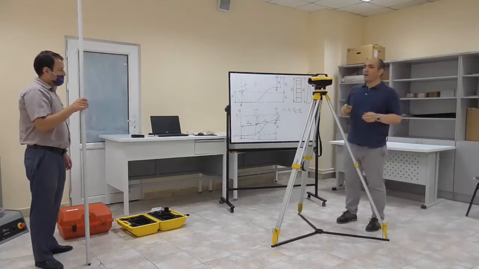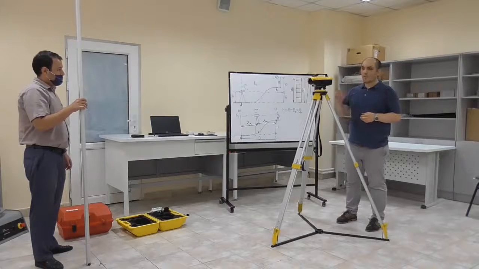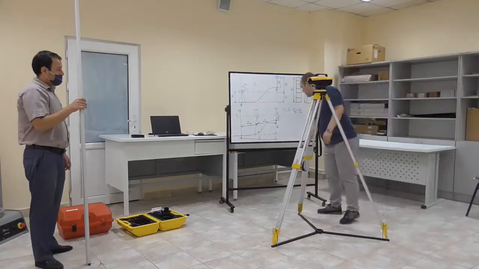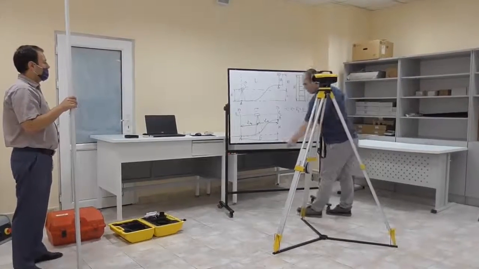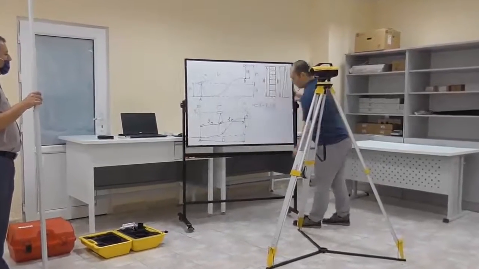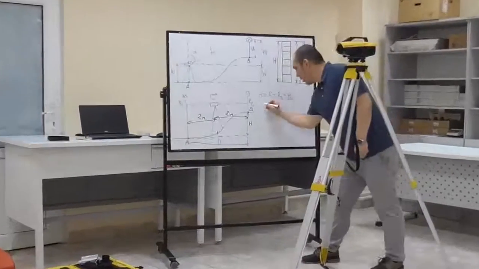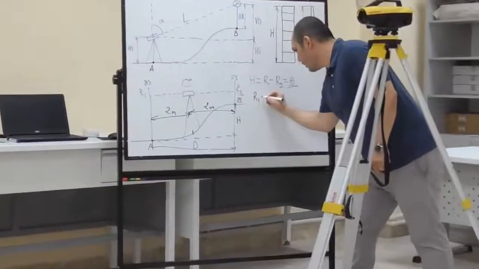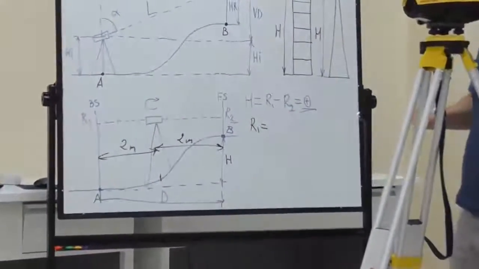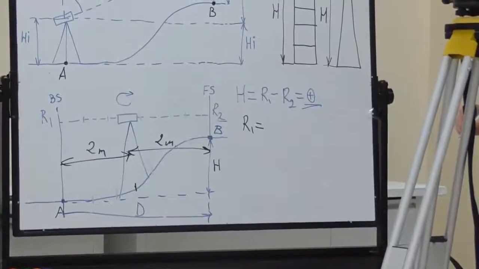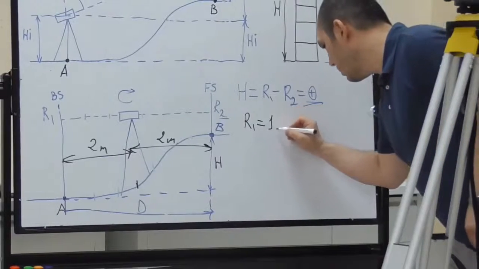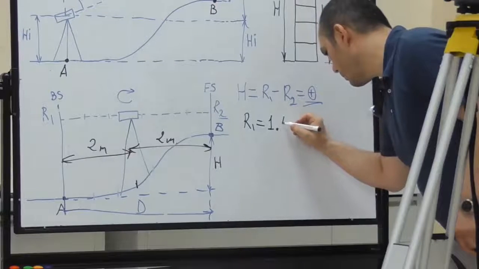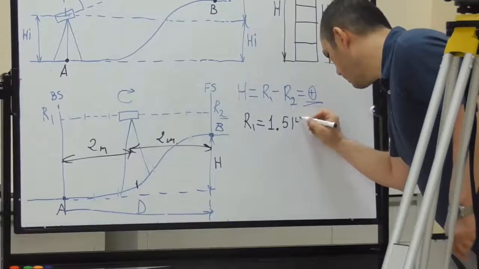I got the first measurement from the backside point, R1, and my R1 is equal to 1.514 meters.